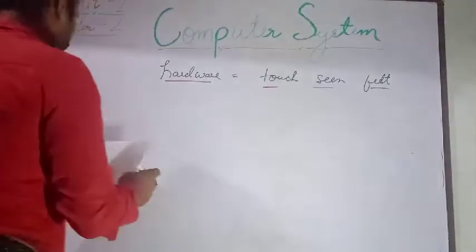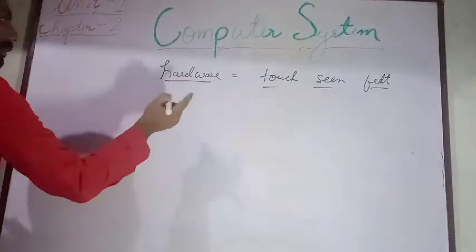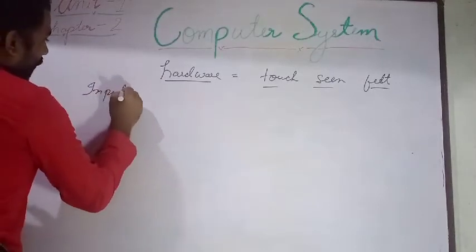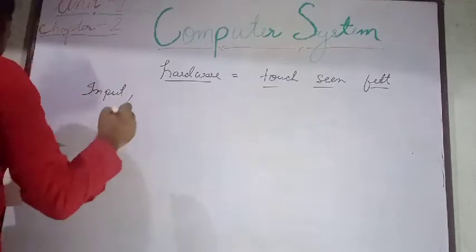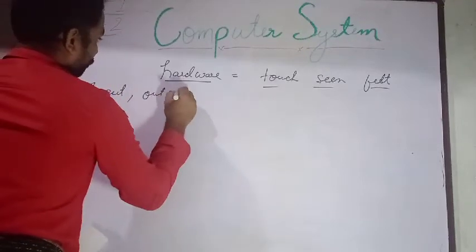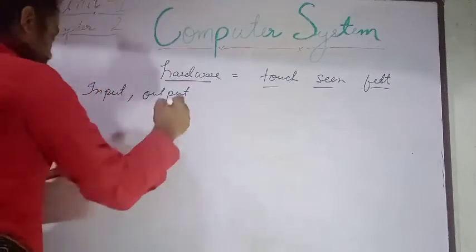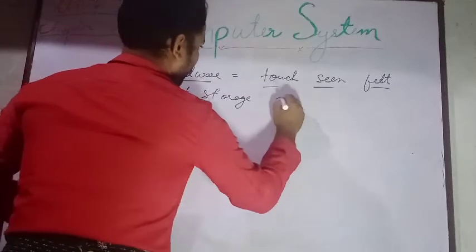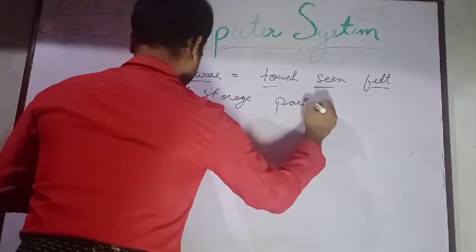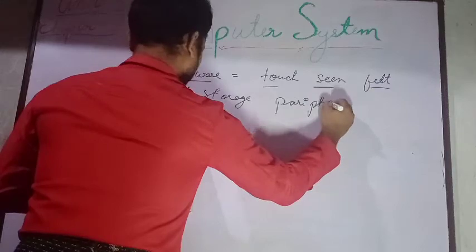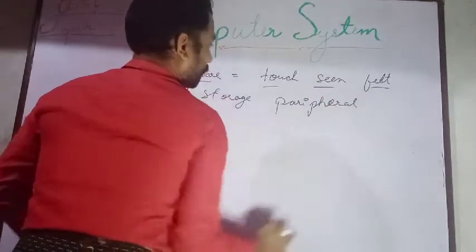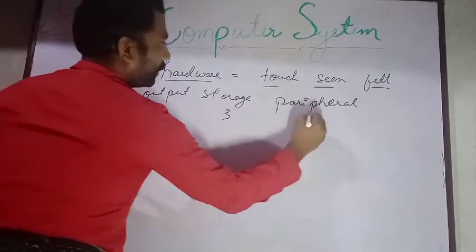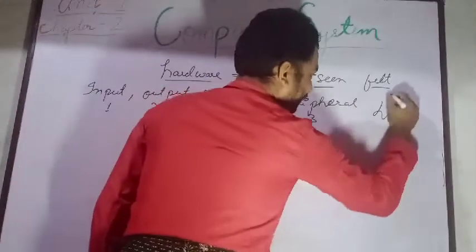So first of all, let's see, we will discuss the different steps: input, output, then after that storage, and peripheral device.